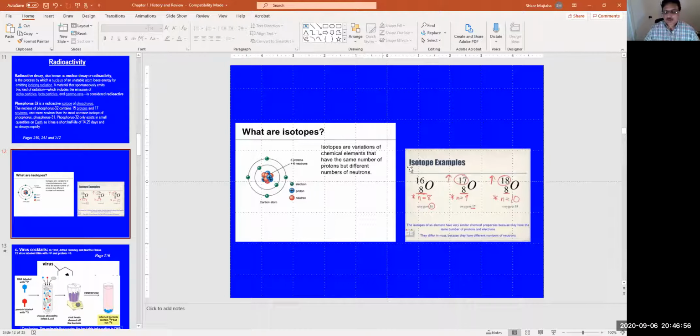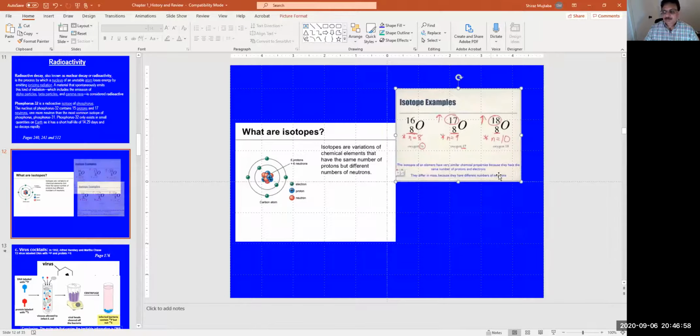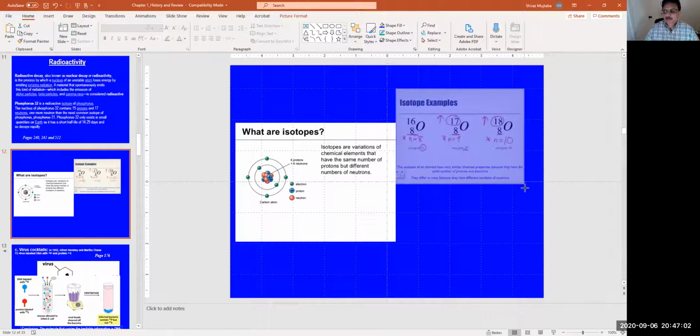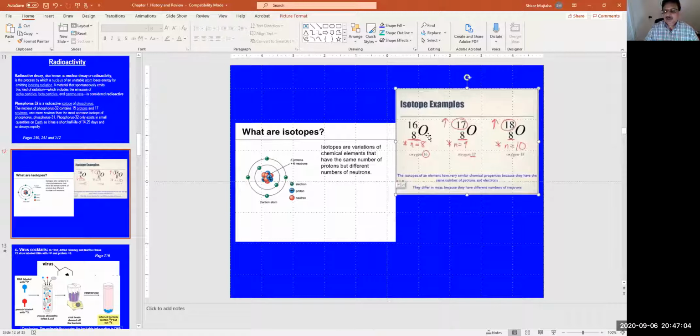So for example, if you look at oxygen, it has atomic number 8, which means the number of protons, and it has 8 neutrons. The total is 16, right?